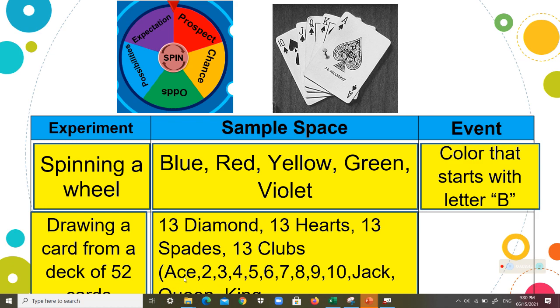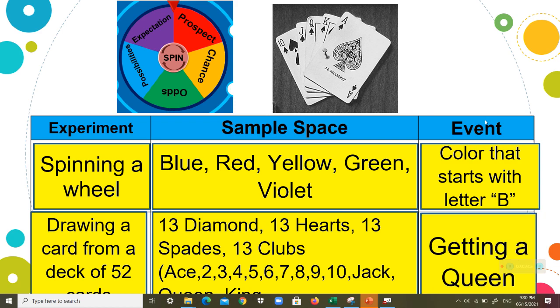From those 13 diamonds, you have the ace, then 2, 3, 4, 5, 6, 7, 8, 9, 10, then jack, queen, and king. That's why we have 13 pieces in each design of the card. And the event will be getting a queen. That is an example of an event.